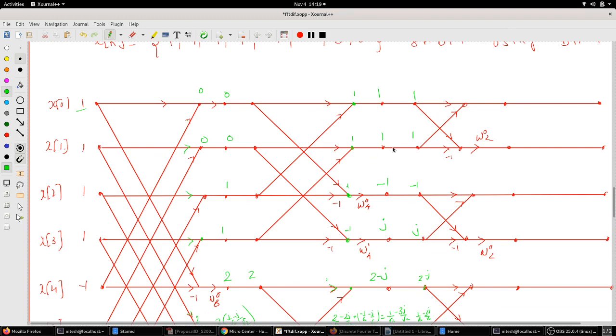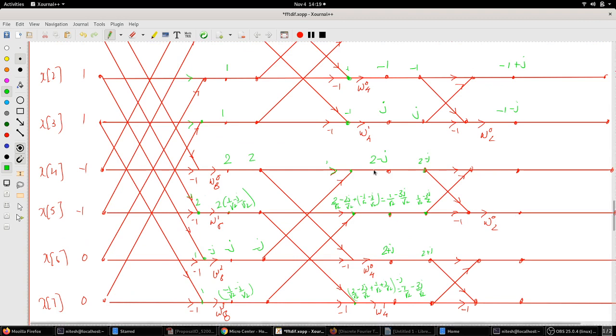So let's calculate now. 1 plus 1 comes here, which is a 2. Okay, this guy here is 1, minus 1 is 0, so this is a 0, minus 1 plus j, this is what you get here. This value will be minus 1 minus j. Okay, so this is done.